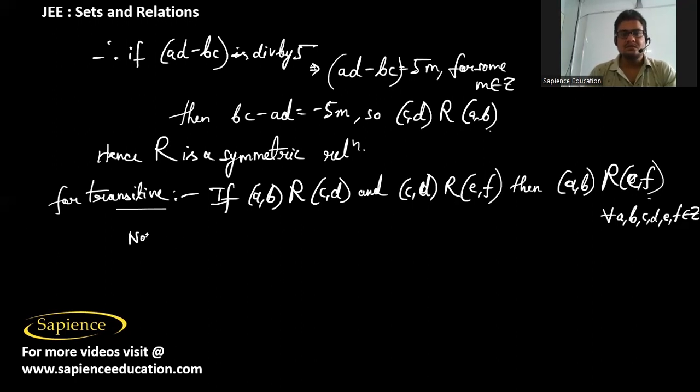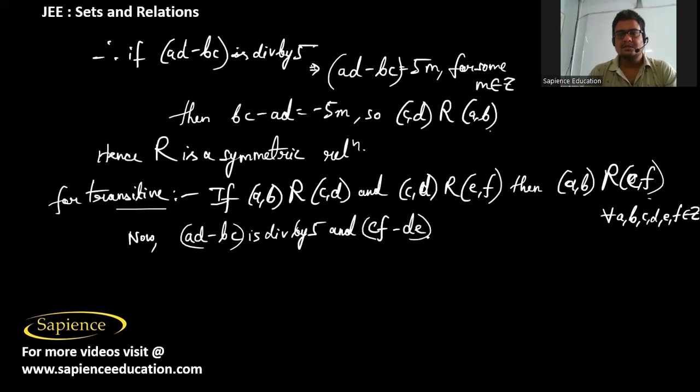So we have to assume that AD minus BC is divisible by 5, and also CF minus DE is also divisible by 5.